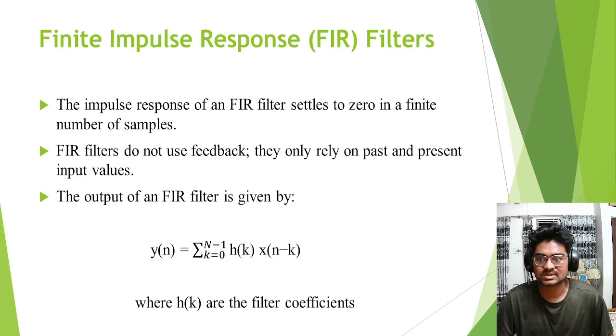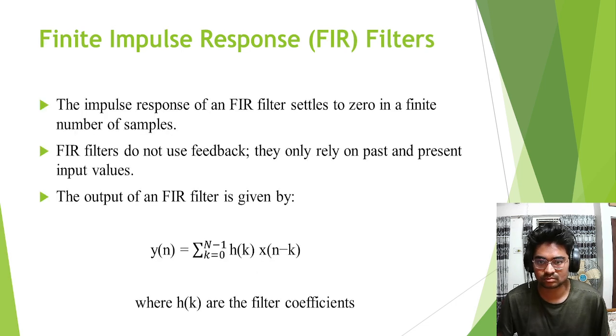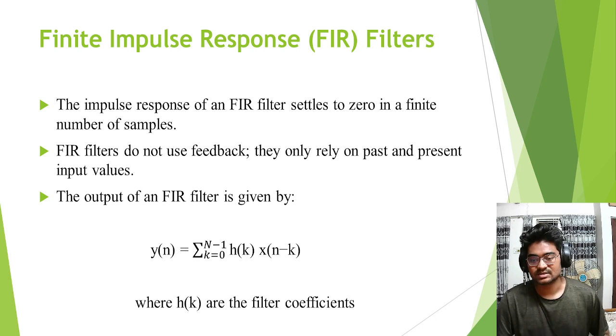Now for finite impulse response, there is an equation. For the finite impulse response, there is a finite number of samples, and here is the equation with coefficients. This summation has a finite extent, and it doesn't have any feedback.